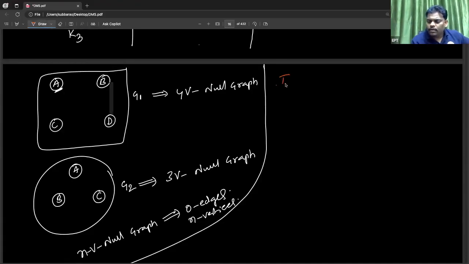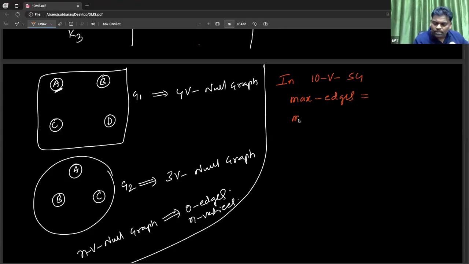In a 10 vertex simple graph, maximum how many edges? Minimum how many edges?